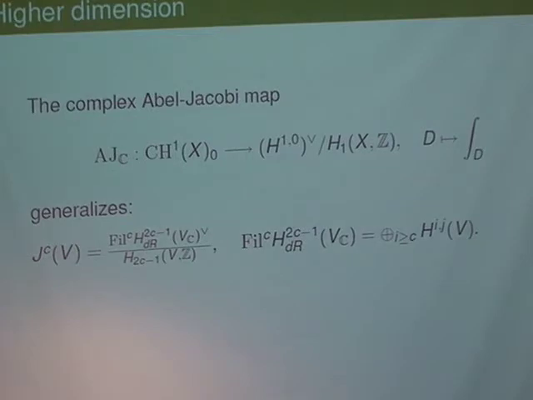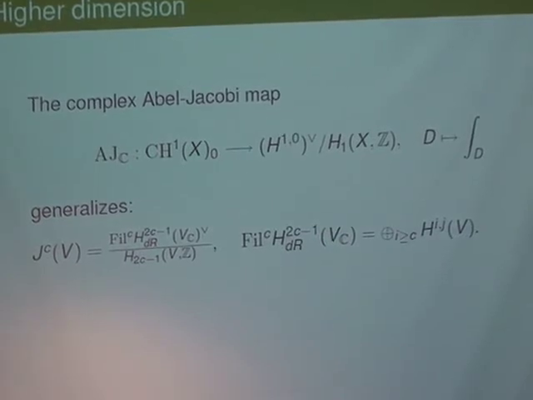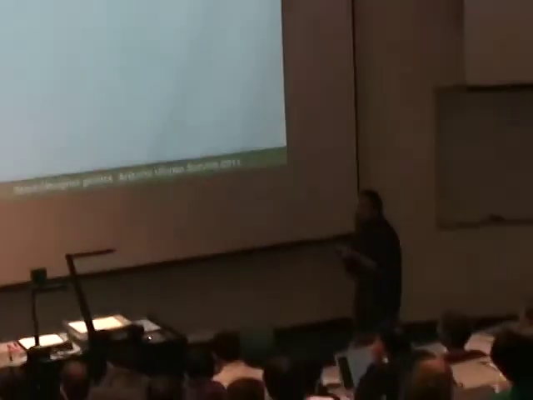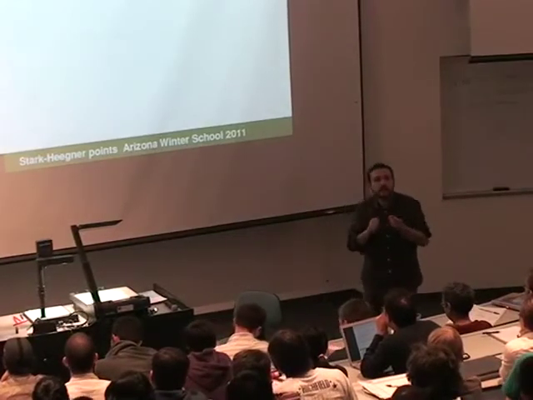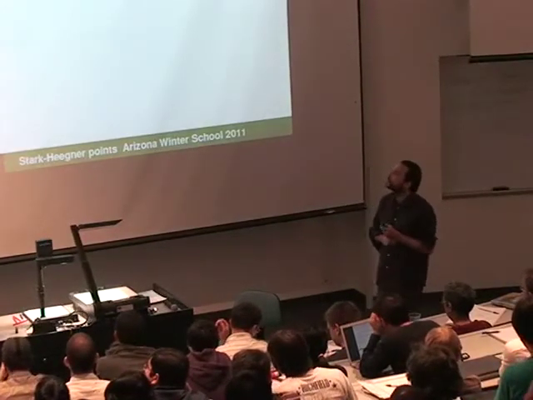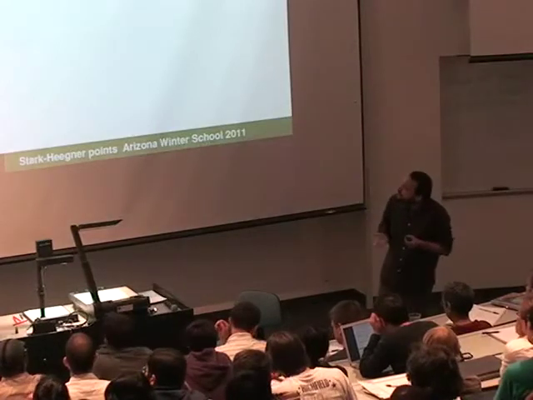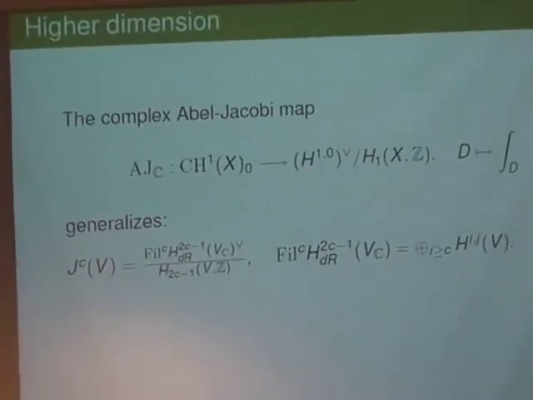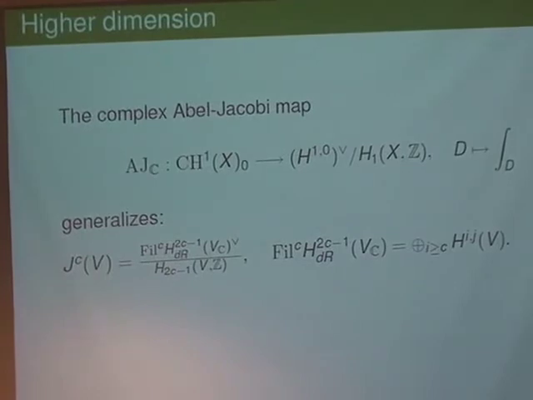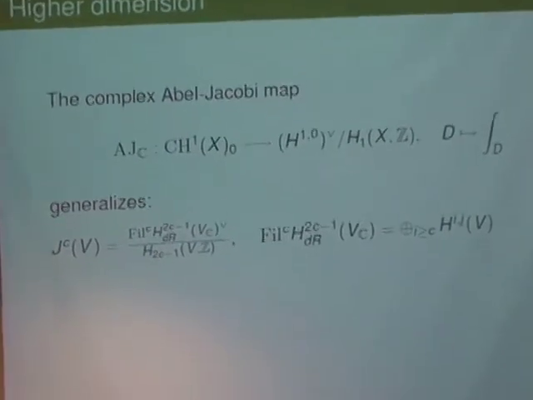If you remember the Hodge decomposition, you take the filtration, the F^C of the cohomology that I introduced before, which explicitly is spanned by those differential forms which, in their local expression around any point, have at least C holomorphic differentials. So this is a complex vector space, and naturally embedded inside this space is the homology group of the variety, which sits inside this space of forms by integrating, as before. So this is a torus.